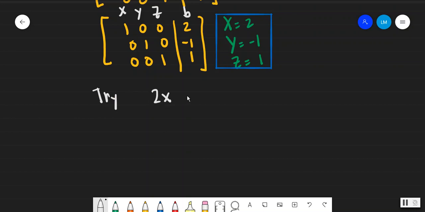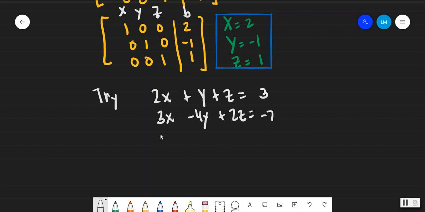Try 2x plus y plus z equals 3, 3x plus negative 4y plus 2z equals negative 7, and then x plus y plus z equals 2. So it's actually very similar to the previous problem.